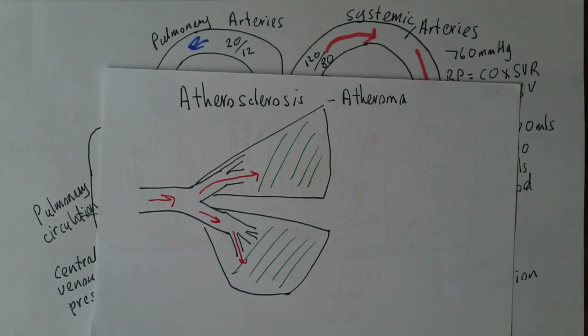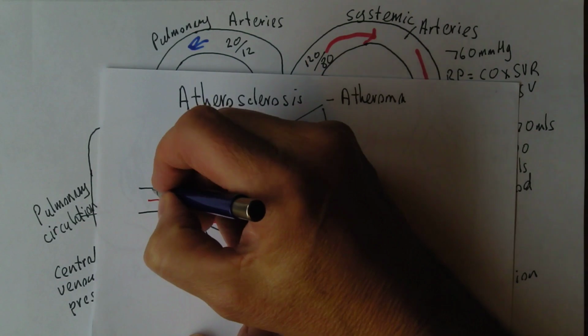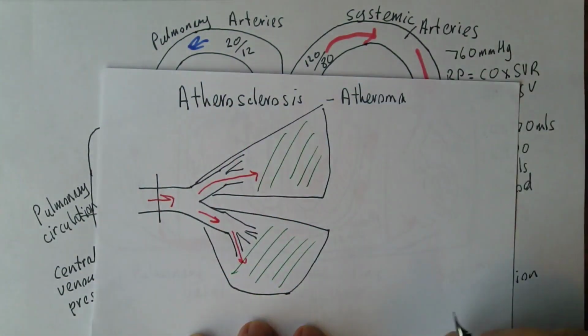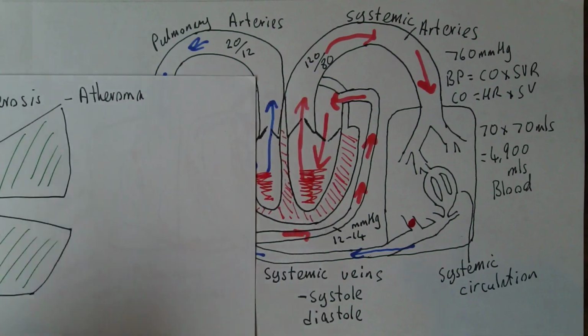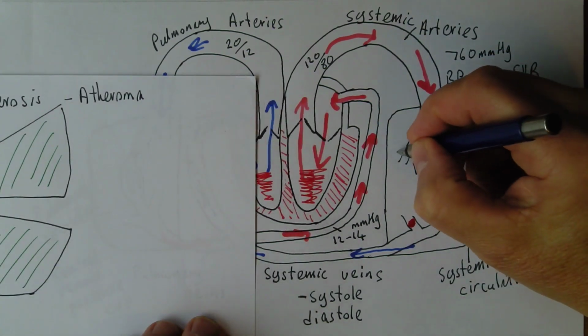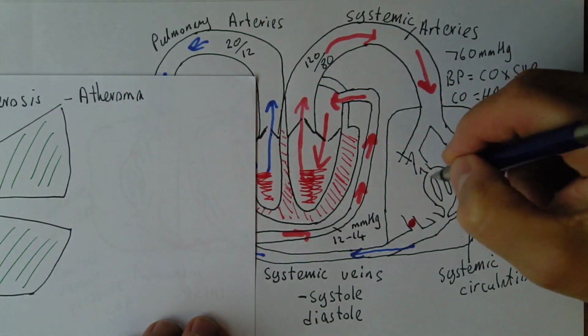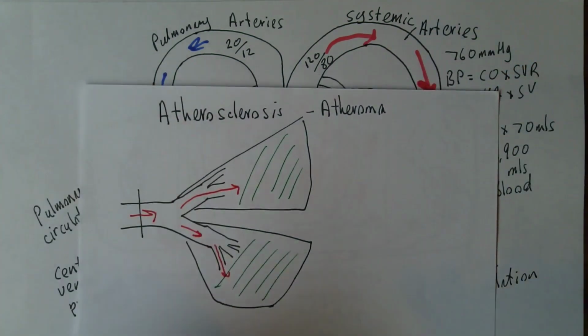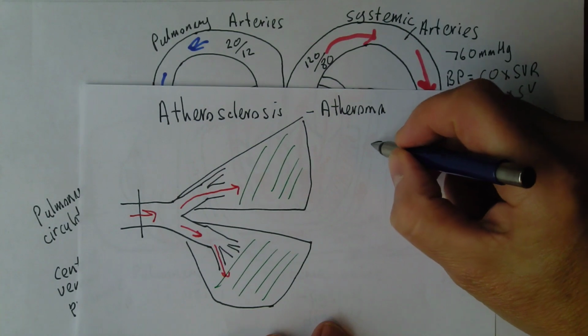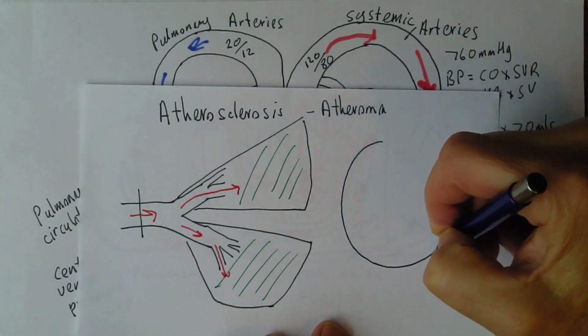Now what happens in atheroma is, if we look at a cross-section of this artery here, and remember we're looking at a systemic artery, so if we relate this to our original diagram, we could be looking at an artery here, for example, supplying blood into the systemic circulation. And basically that's got 3 layers to the arterial wall.